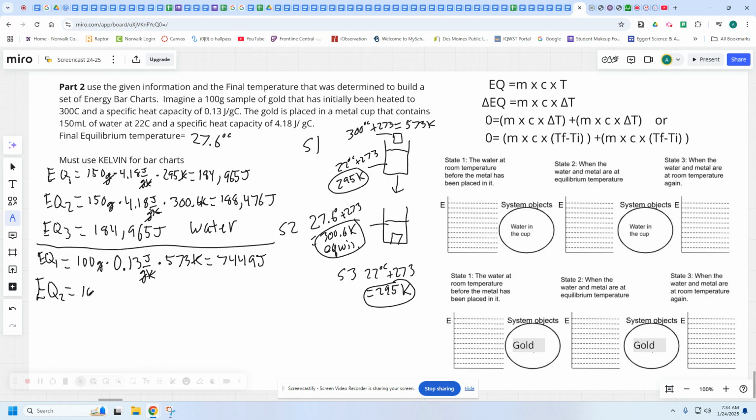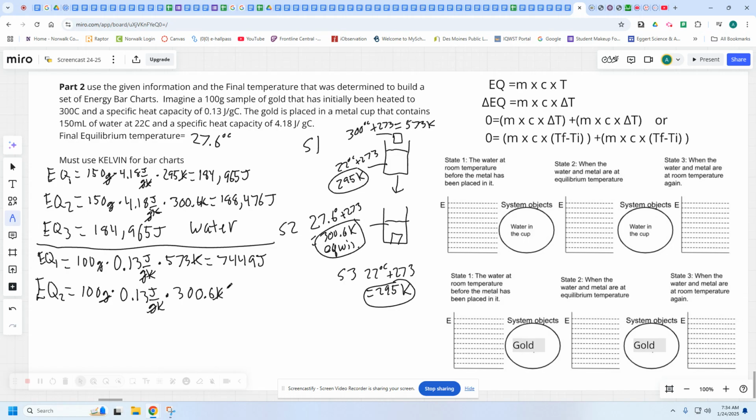So I'm going to take the 100 grams again for the same gold sample, the same specific heat capacity for gold, times 300.6 Kelvin. We're doing the same process, canceling units through the act of division, essentially, with the grams in the numerator and the grams in the denominator of the units over here. Same thing with the Kelvin.